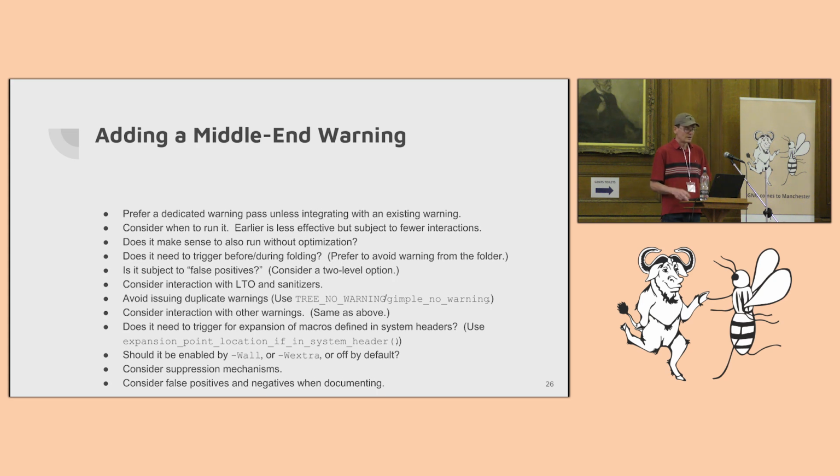Certainly earlier tends to be less effective. You don't have access to all the later optimization passes, but it tends to be subject to fewer interactions with those passes as well. So earlier, you may not be able to do as much, but the trade-off is that the later you implement a warning, the more interactions with other passes, like sanitizers, for example, you might have to deal with.